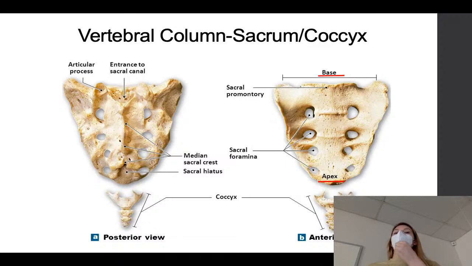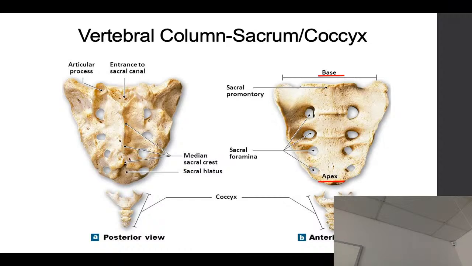Okay, so the sacrum and the coccyx are pretty easy. They're kind of like the patella in that they have the base and the apex, which again I think are switched in my brain. So we do know the sacrum is pretty easy to identify. I think it looks like a stingray. It has all the holes coming down the side.